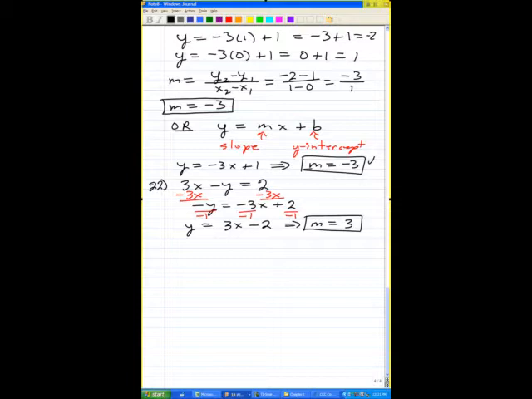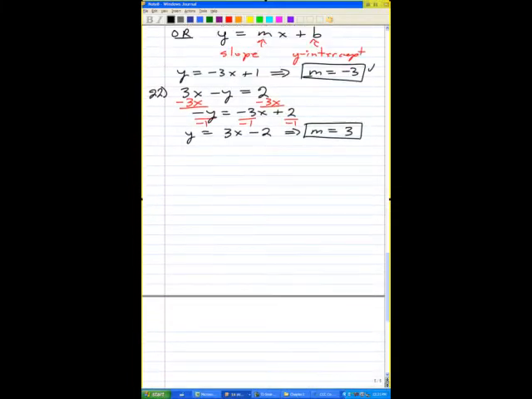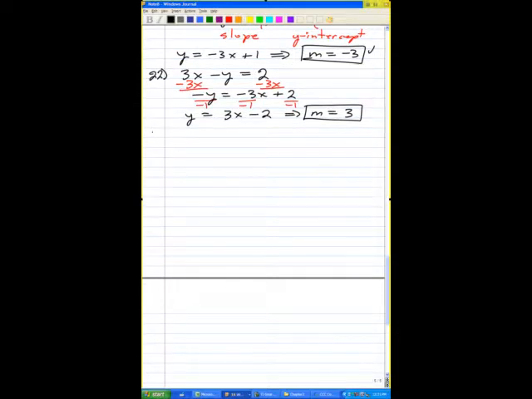Let me do problem number 30. For these problems, to find the slope, it's just an algebraic technique. You just solve the equation for y. And we've done that before. So I have 2y minus 3x plus 5 is 0. Let's solve for y. So let's add 3x to both sides of my equation.